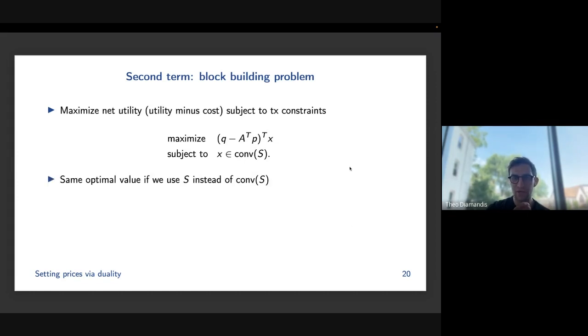One thing to note, back to what I said earlier, we actually don't have to use the convex hull of S here. Some results from linear programming tell us that if we replace the convex hull of S with S, this problem has the exact same optimal value. And as I said, this ends up being the exact problem solved by block builders. The important implication of this is that the network doesn't have to solve this problem. The network can just observe the optimal value, which I'll denote by X star, by say the previous block.